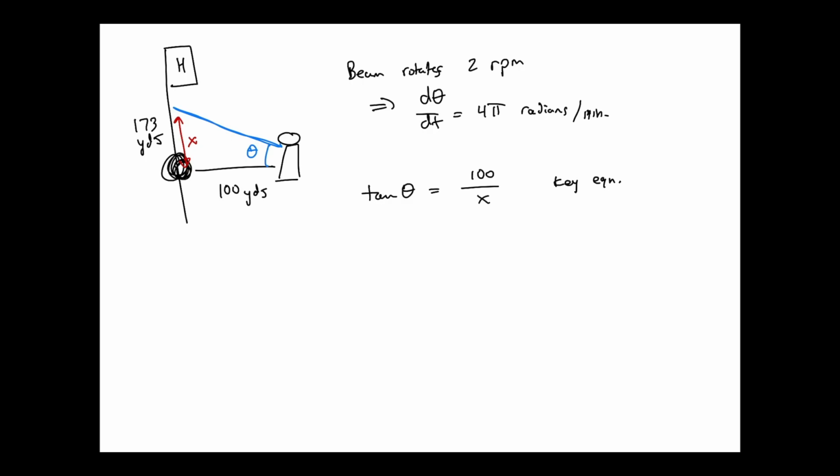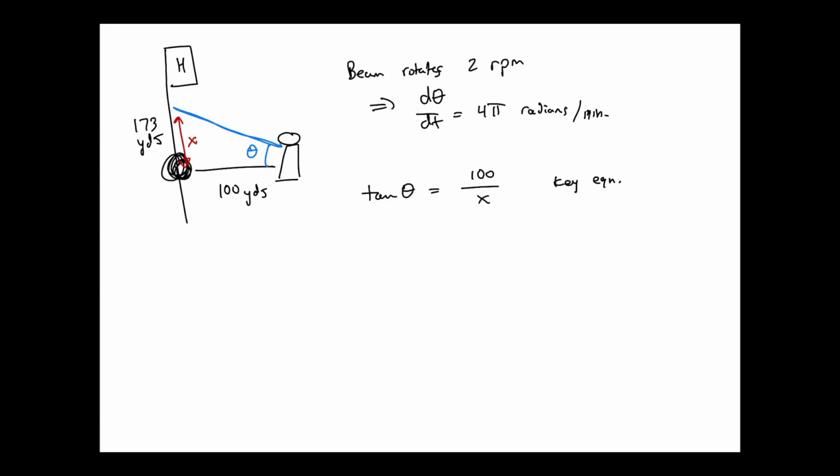Sine over cosine. No, it would be, so sine can't be 100. And think about why. What's the biggest sine can ever be? 1. So that only works assuming that the hypotenuse is 1 unit.